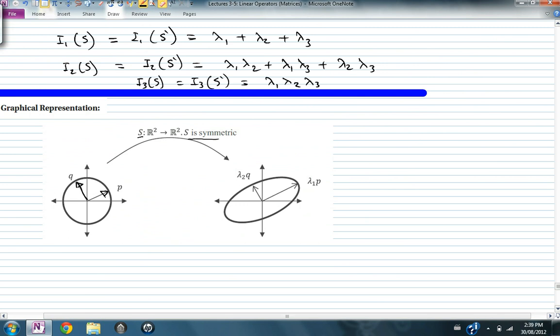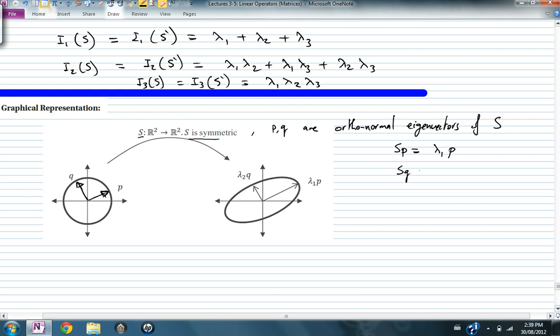P and Q are orthonormal eigenvectors of S. What does this mean? It means that when I multiply S by P, I get P multiplied by a number lambda 1. And when I multiply S by Q, I get lambda 2 multiplied by Q.